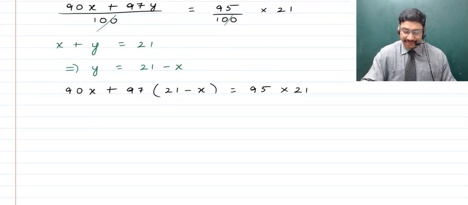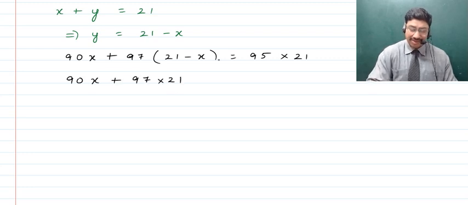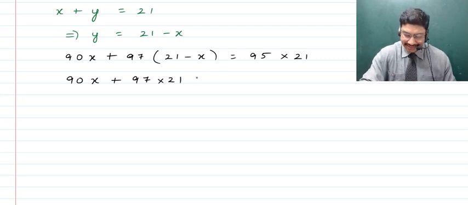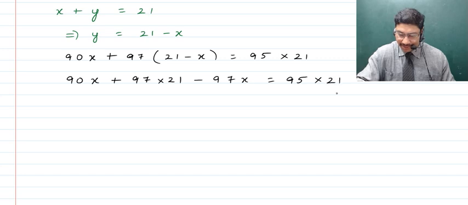Now next children, after this we are going to multiply and then simplify. So we have here 90x plus 97, which is to be multiplied with 21. Don't multiply, just keep it as it is. I'll show you how easy the calculations are going to become. So minus 97x, that will become equal to 95 multiplied by 21.